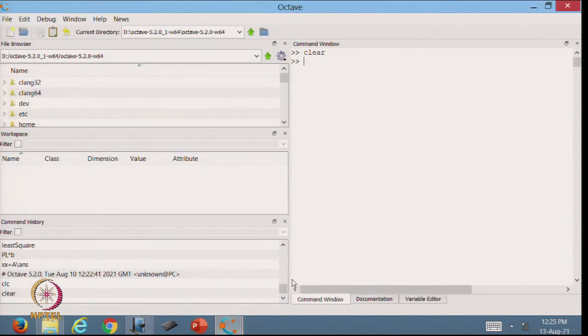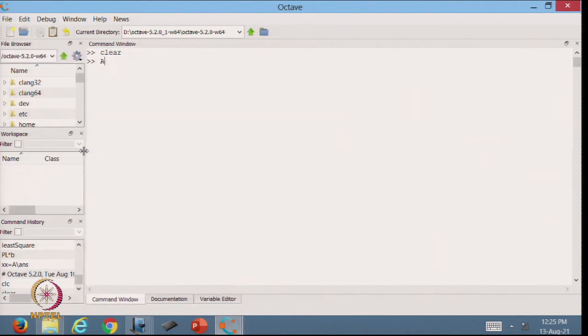In Octave I start with the matrix A. I write 1 1, then 0 1, and then 1 0.